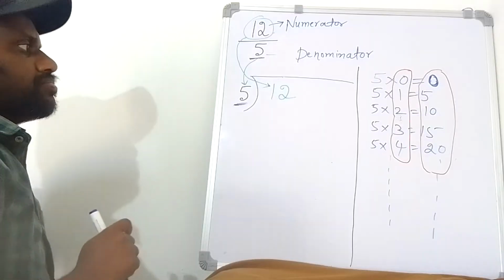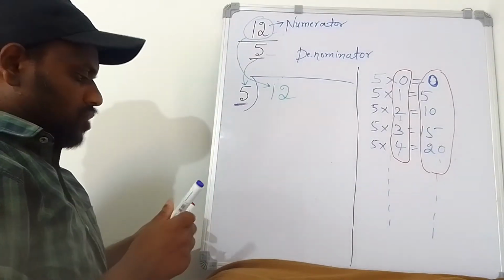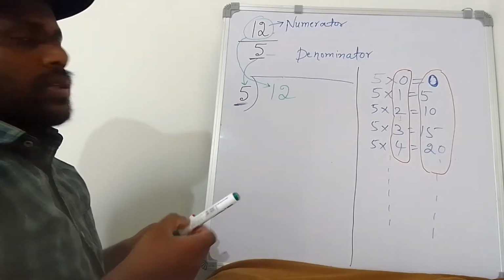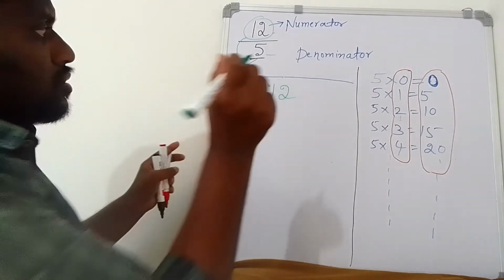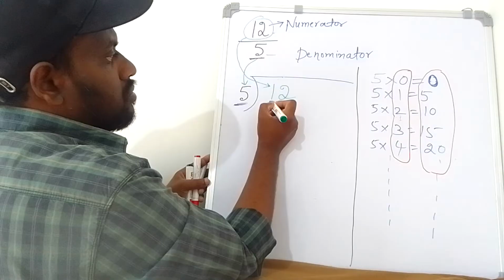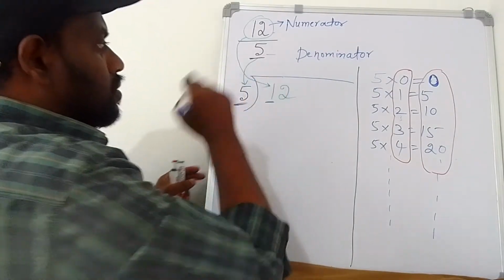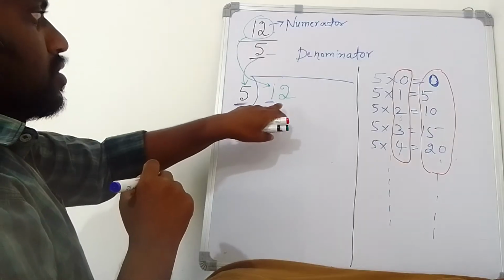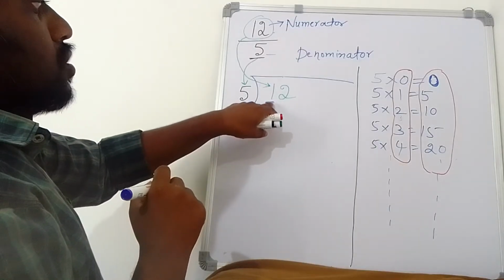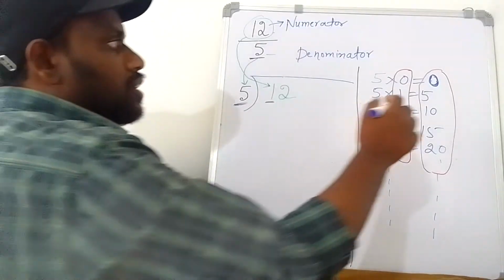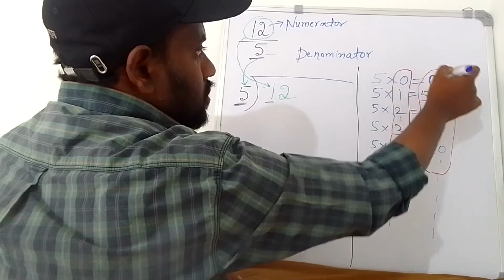Now, first consider the first digit of this 12. The first digit of 12 is 1, right? Now in this column you have to check.